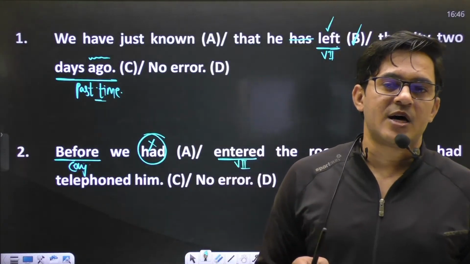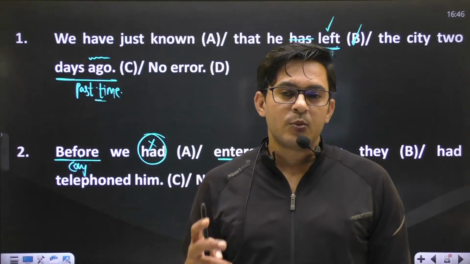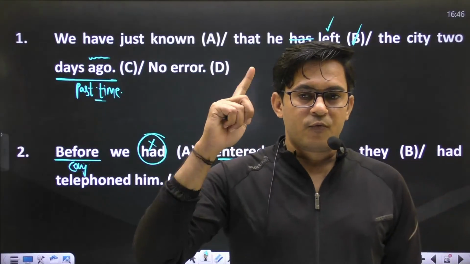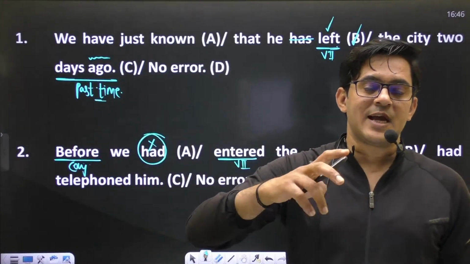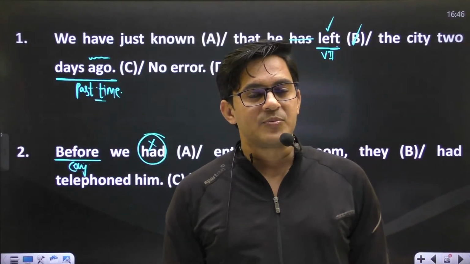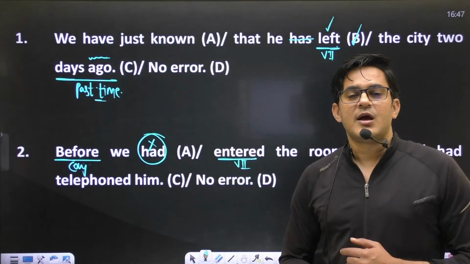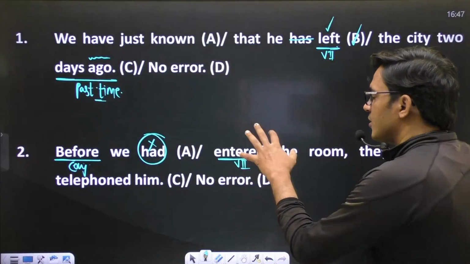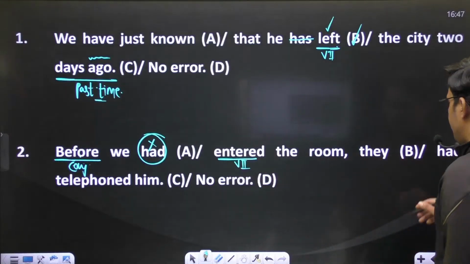These conjunctions are used to talk about past activities in which two different actions were there, and one action happened further back in the past. The action which happens earlier comes under past perfect, and the action which happens later comes under past indefinite tense. For example, before we entered the room they had telephoned.